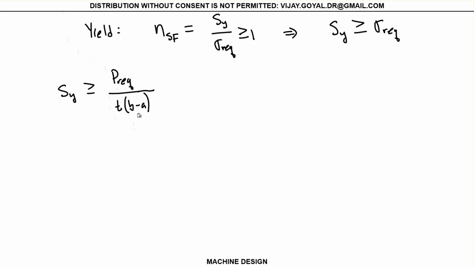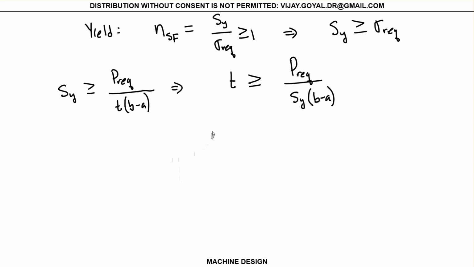It should actually be B minus a, and your book doesn't use that. So let's continue. Then you can solve for thickness by doing a little algebra here: T is bigger or equal than P required divided by sigma yield times (B minus a).